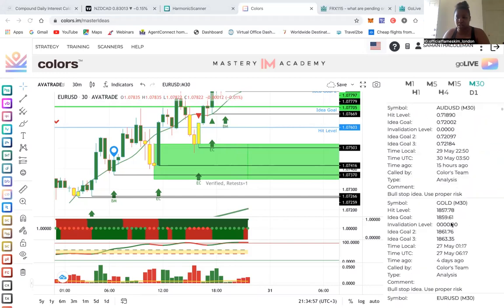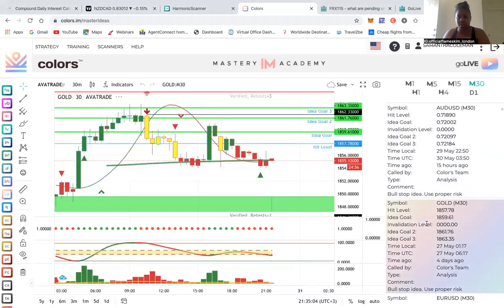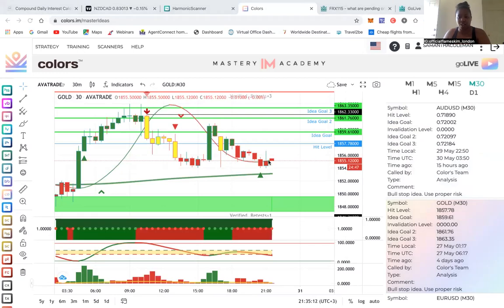Hold on a second. Let me show you guys the gold trade. All right, this is the gold trade that I gave you guys. You see how I called out the trade earlier? Price is underneath here, so if you're not in this trade yet, you can still get in.